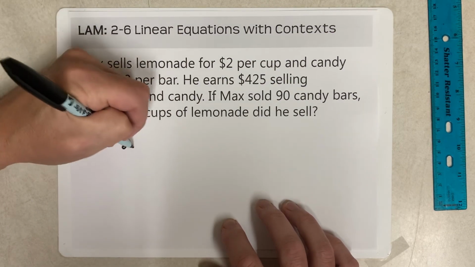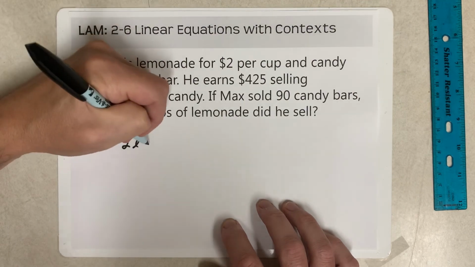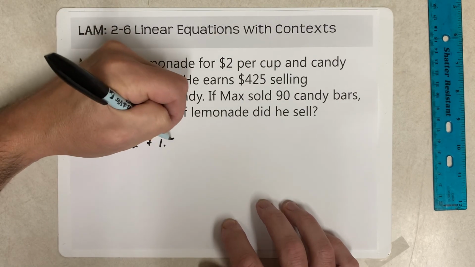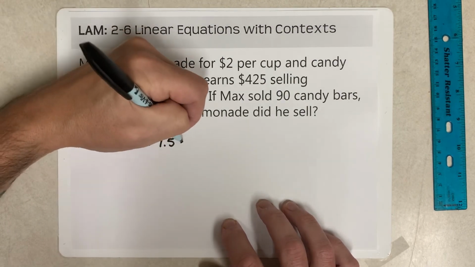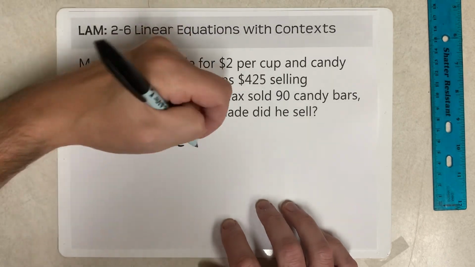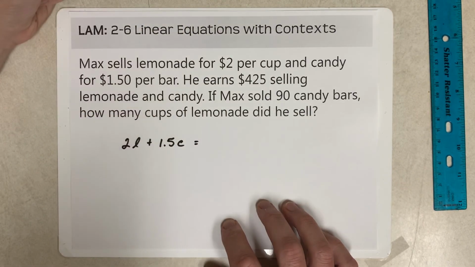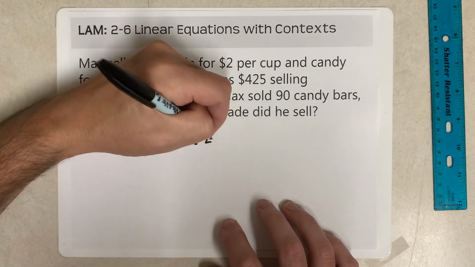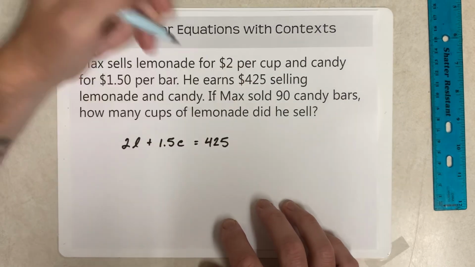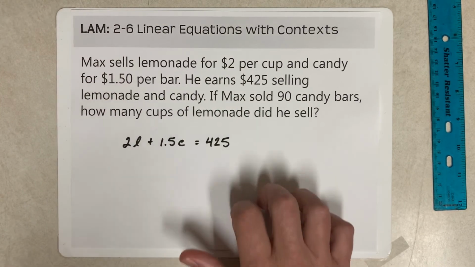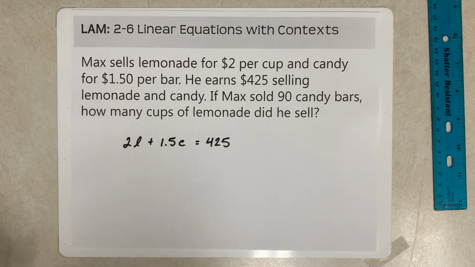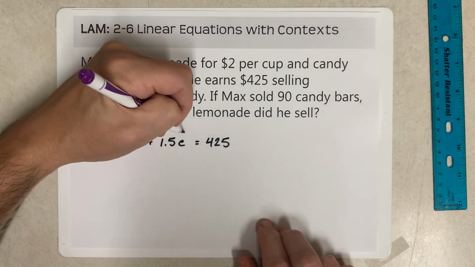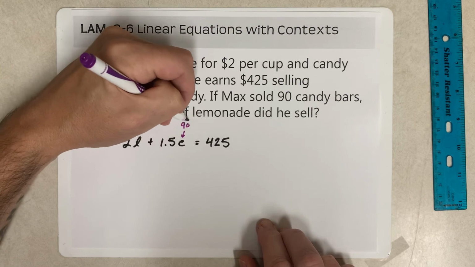So $2 per cup of lemonade. That looks better. Plus $1.50, I'm going to just say 1.5. And let's let C be the candy bars, is equal to the total, which he says is $425, which is kind of a lot. Max sold 90 candy bars. Okay, so we're going to need to stick a 90 in for that C right there.